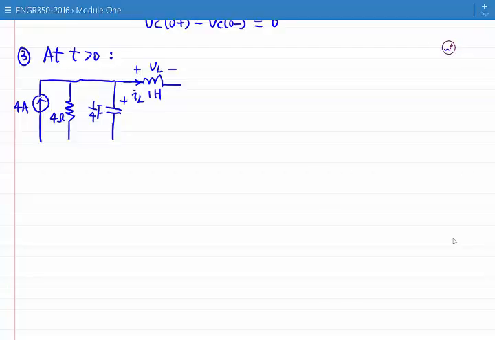The capacitor is plus minus Vc, and the capacitor current, according to the positive convention, is IC. And we have the resistor 6 ohm. So I'm looking for V when t is larger than 0, and I'm looking for I when t is larger than 0.